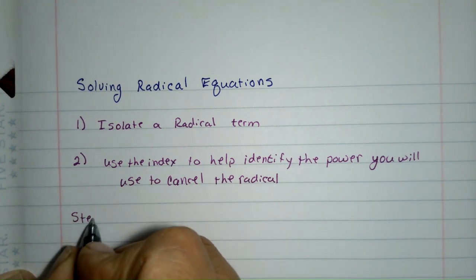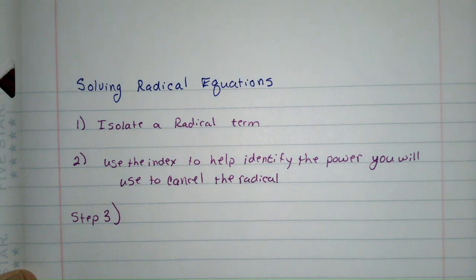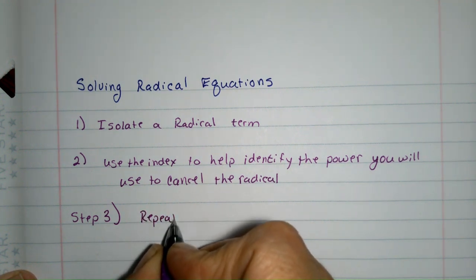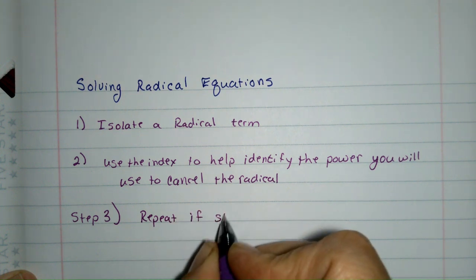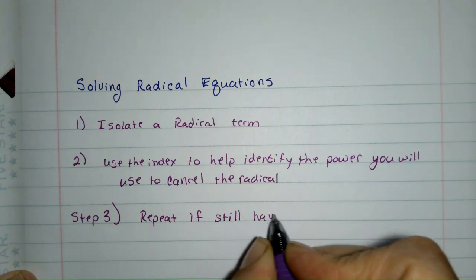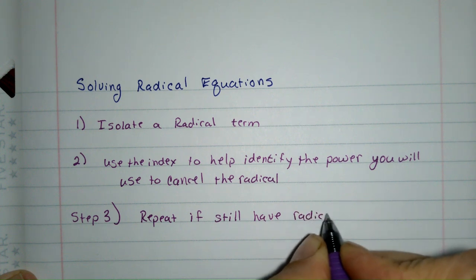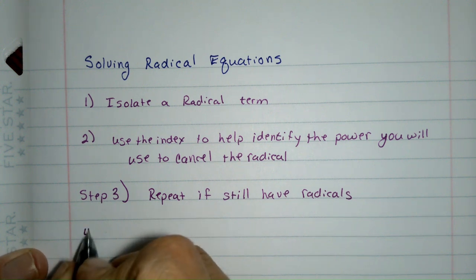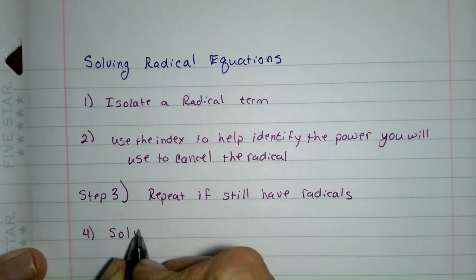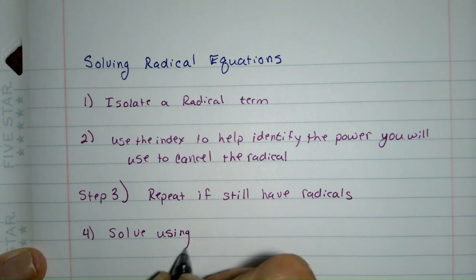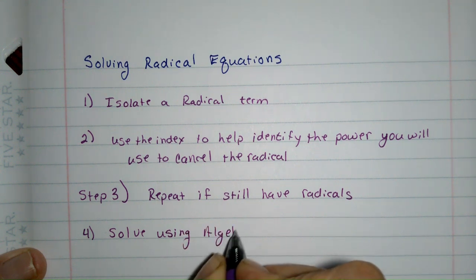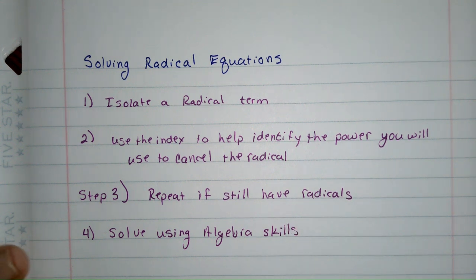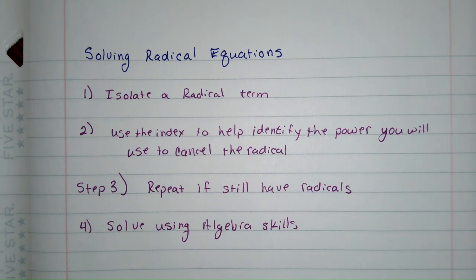Step 3, repeat if you still have radicals. Step 4, you're going to solve using algebraic skills. By this time, it should be a polynomial function.